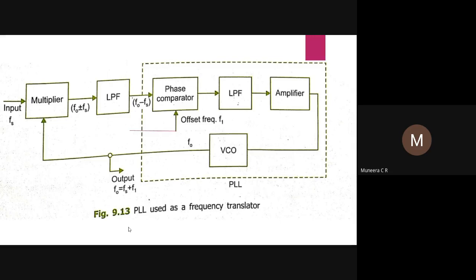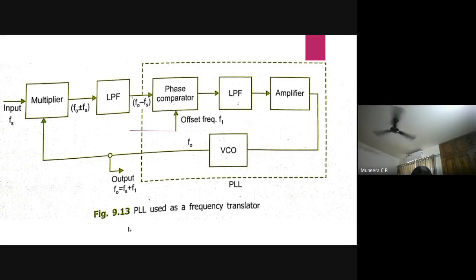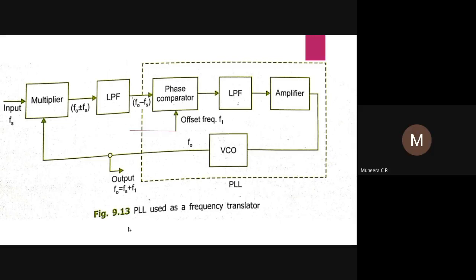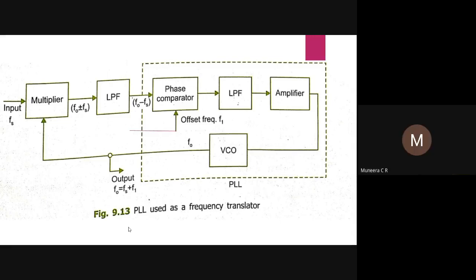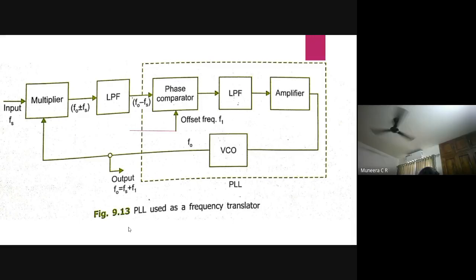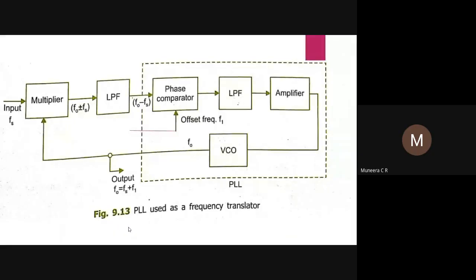As you know, in AM modulation and demodulation, whatever be the incoming signal frequency, after 1 or 2 stages we transfer all the information to an intermediate frequency, let it be 455 kilohertz.